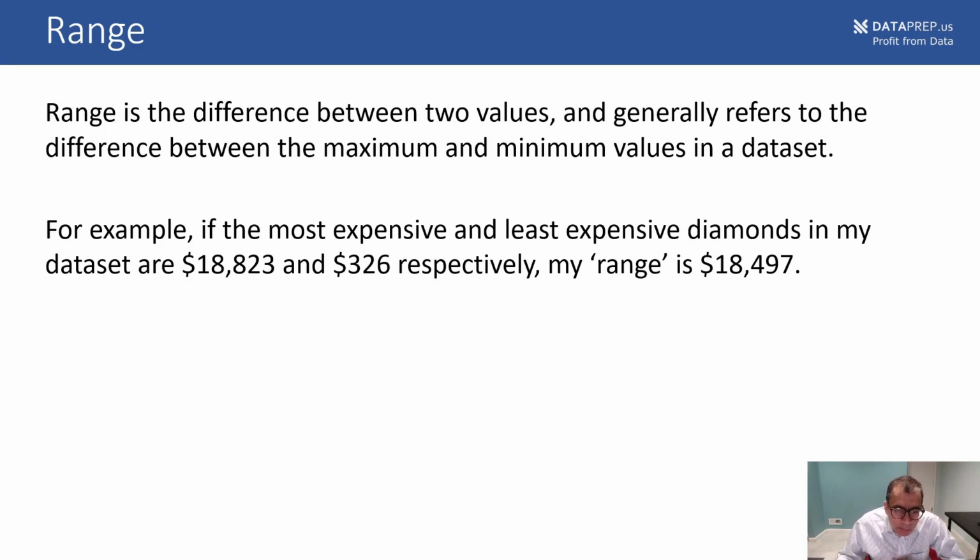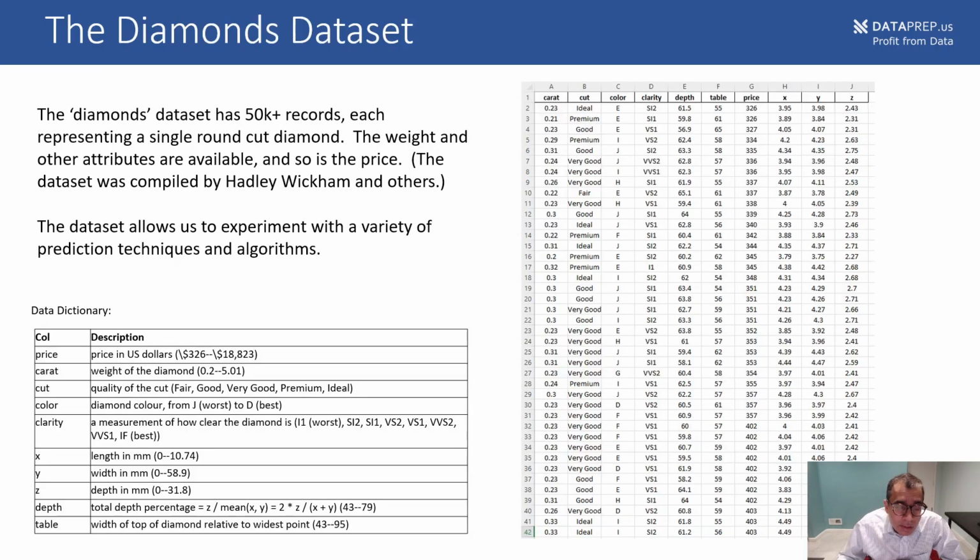So at this point, because I'm talking about diamonds, let's just talk a little bit about the diamonds data set that we will be using often in these videos to illustrate some concepts. The diamonds data set is a data set that was curated by Hadley Wickham and others and published open source, available to everyone. It has records for about 50,000 diamonds, actually 53,490 to be precise.